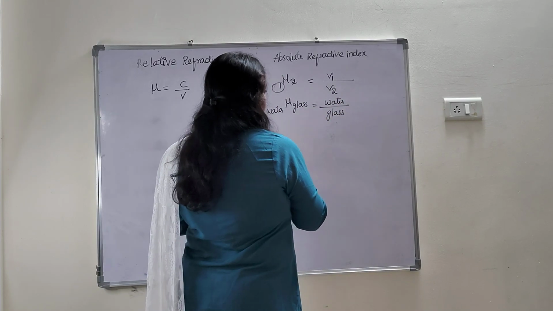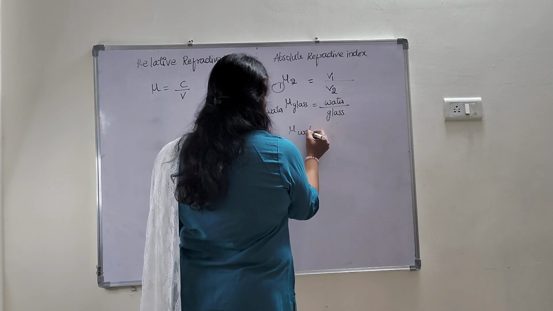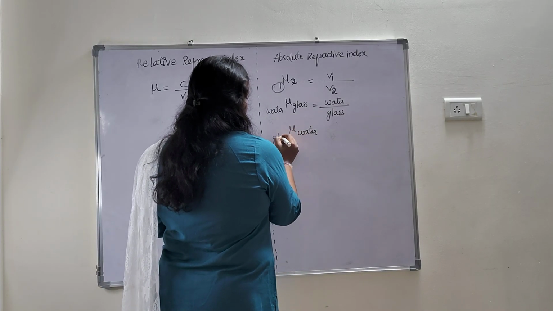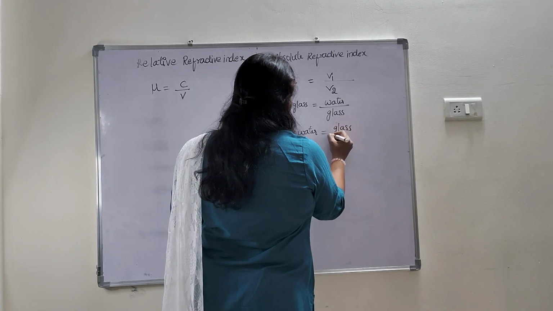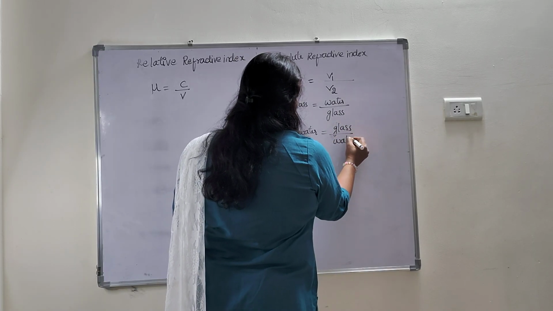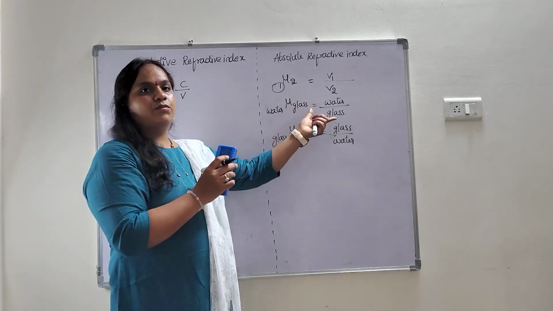Or if I'm taking water and glass, first I'll write medium 1, after that medium 2. In this way we need to write when it comes to the speed of light values.